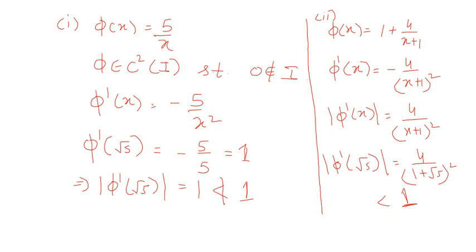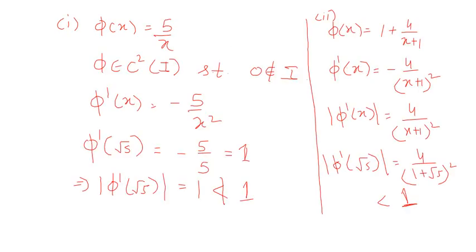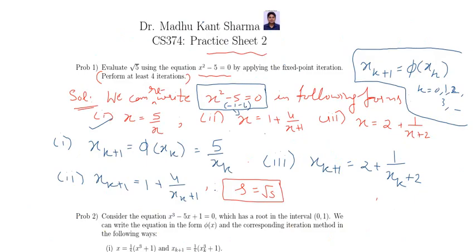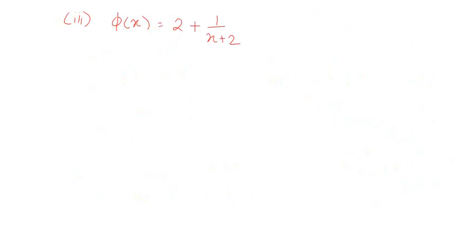Similarly, for the third case you can have the following. In the third case you have phi of x is equal to 2 plus 1 upon x plus 2. If I correctly recall, 2 plus 1 by x plus 2, right?